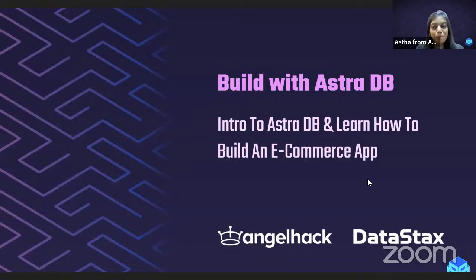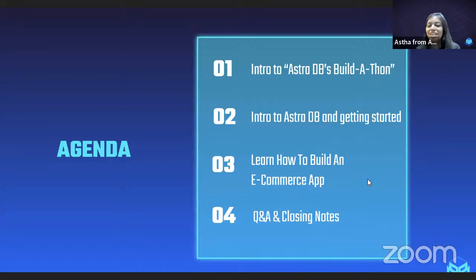We will quickly start off with the agenda now without wasting any further time. Let's see what we have in store for you today in terms of the workshop itself. Like I mentioned, a lot of you must be joining us for the second challenge month and not very aware of what Astra DB is or just getting started with Astra DB. So for all of you, we have a recap of the introduction to Astra DB and getting started.